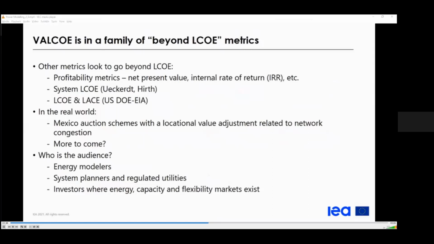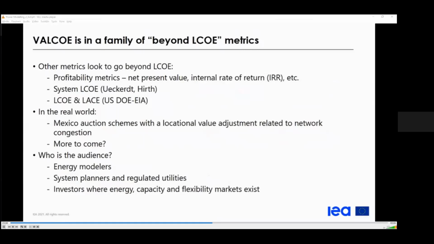The LCOE is not the only metric, looking beyond the LCOEs. For example, cost and benefits aspects are already taken into account in profitability calculations, such as the net present value. We also have some academic research looking into it. The US Energy Department also has similar metrics.